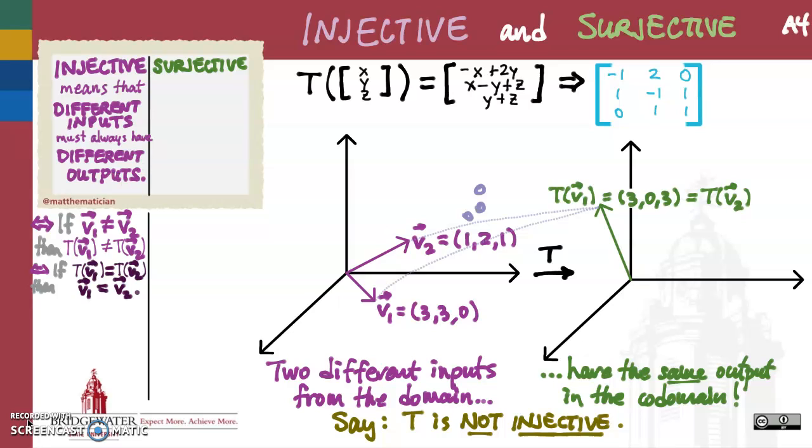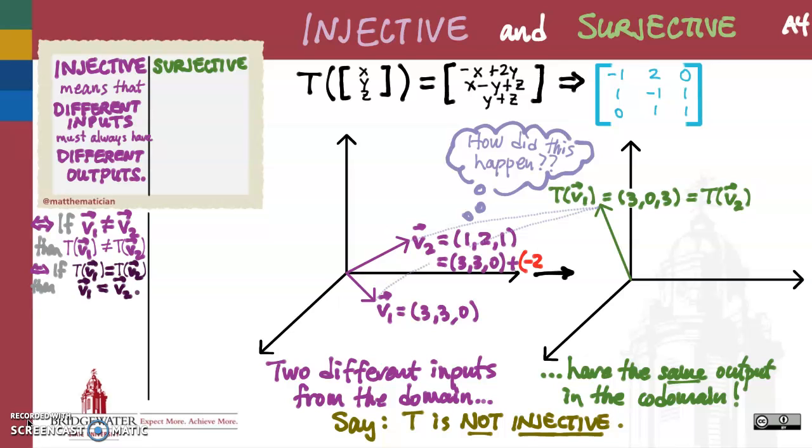So it's worth us looking at this example where injectivity failed. This was a non-injective linear transformation, and asking, what was it about this transformation that made this possible? Well, to answer that question, let's look at the relationship between these two different vectors. They're different in the domain, but they're different in a very specific way. In particular, we find out that the second vector v2 is actually the same as the vector v1 added to the vector -2, -1, 1.